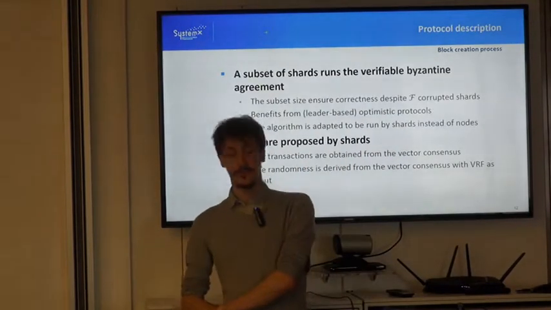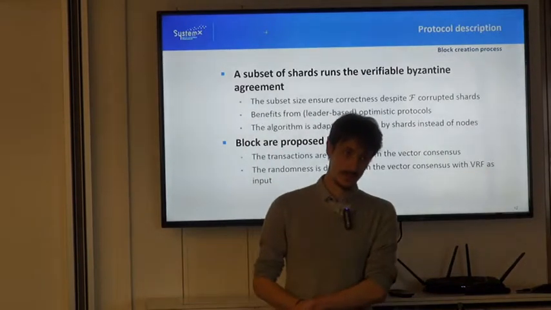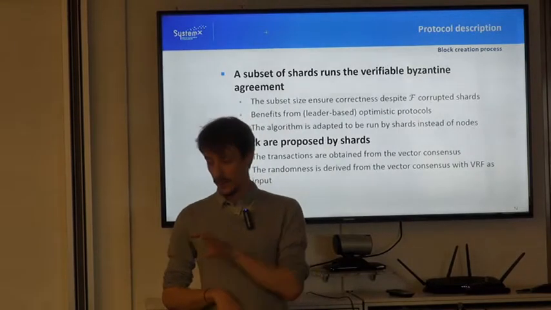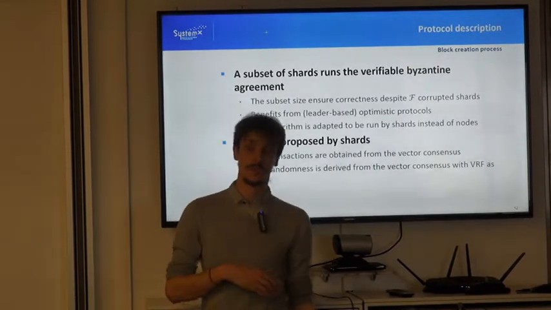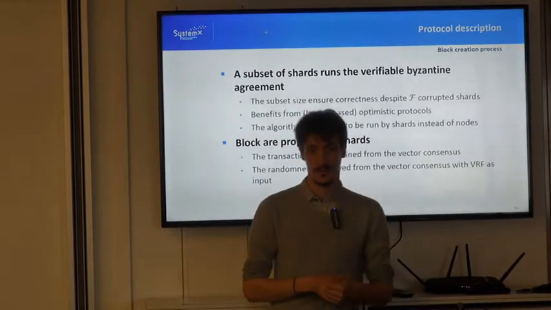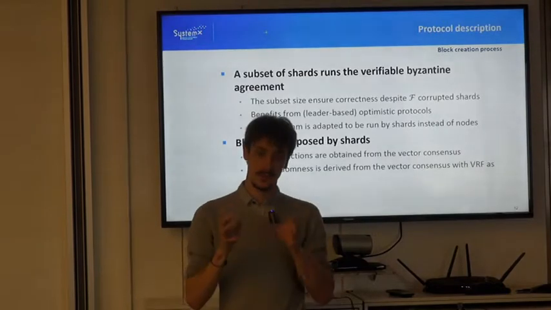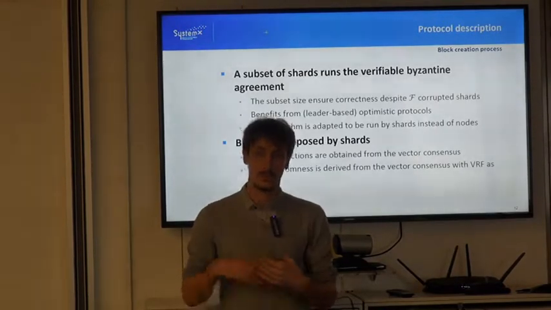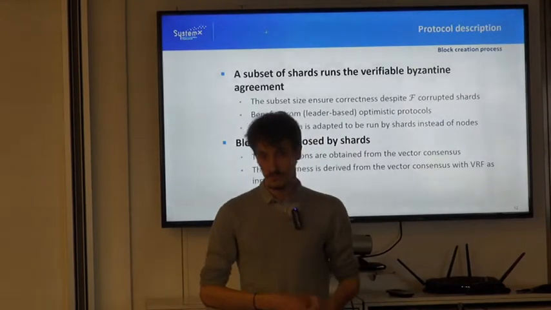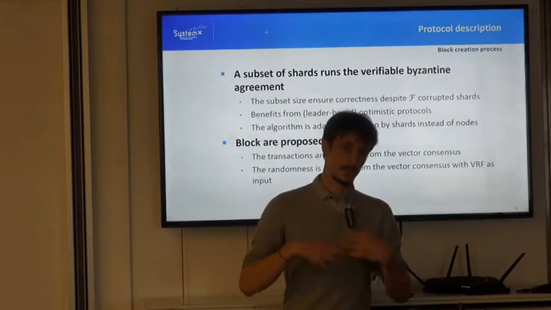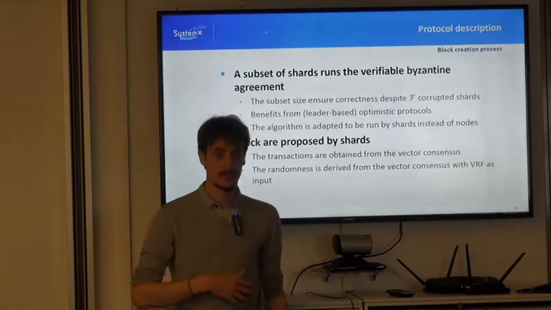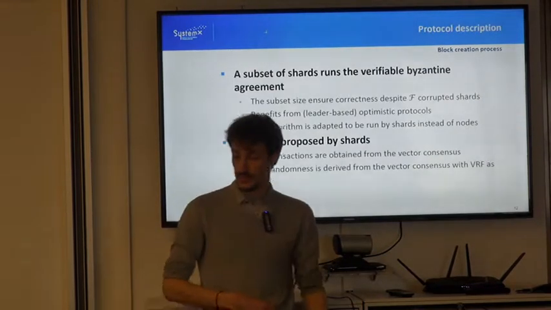We do a slightly different thing for the randomness associated to the block. We again run the vector consensus with the VRF output of each core member as input. This allows us to derive, not directly, an agreed random seed. And that's how a block is proposed, and if the algorithm goes well, it may be the next one included.